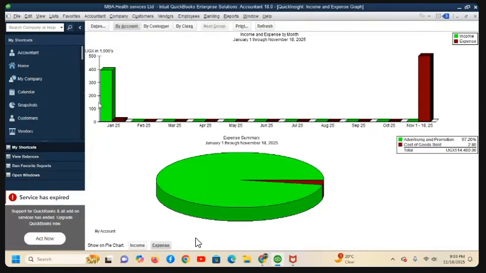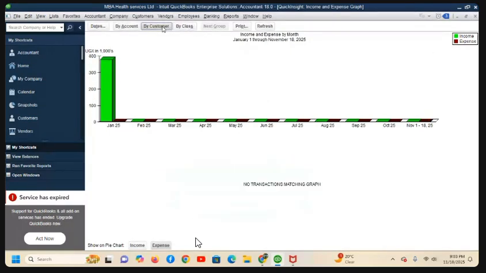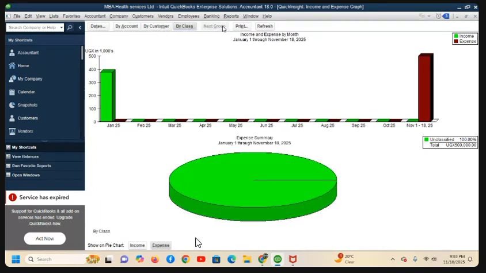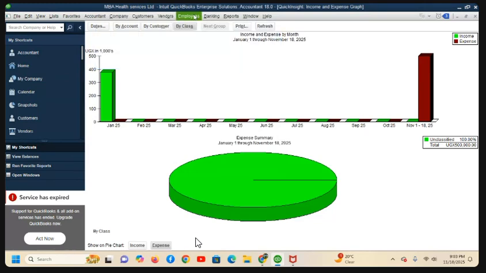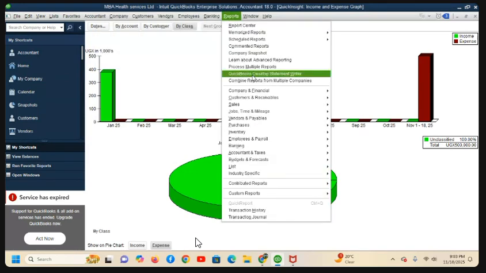It can show even in the periods when you made more sales and when you incurred more expenses. And we have by customer. You can click by customer, by class, by any part of the transaction you want. So it can generate different reports for you.